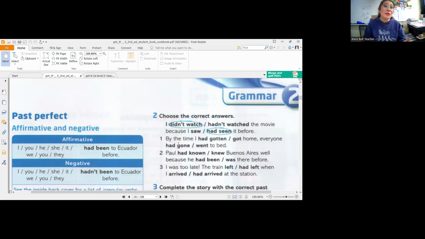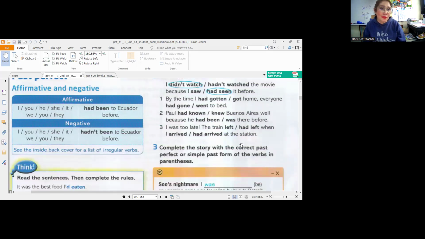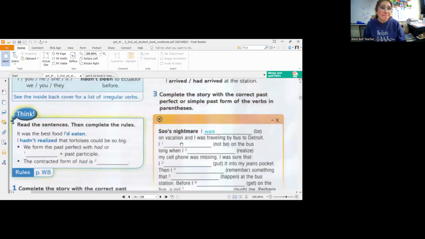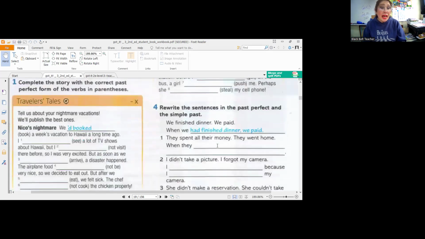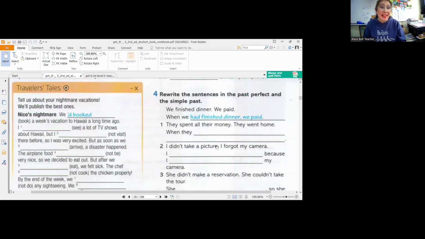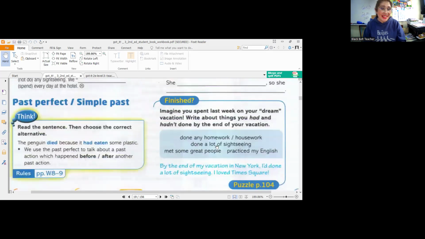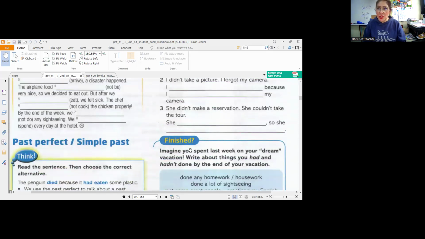I had seen the movie first, and so I decided not to watch the film. Number 3, complete the story with the correct past perfect or simple past. Both verb tenses are mixed. And 4, rewrite the sentences in the past perfect and the simple past. The finished section, you don't have to do it, okay?